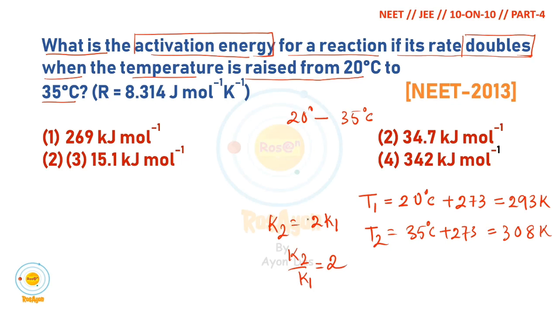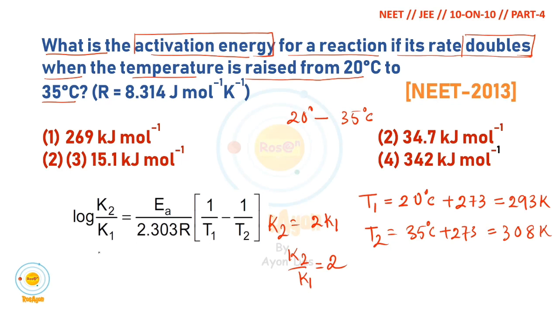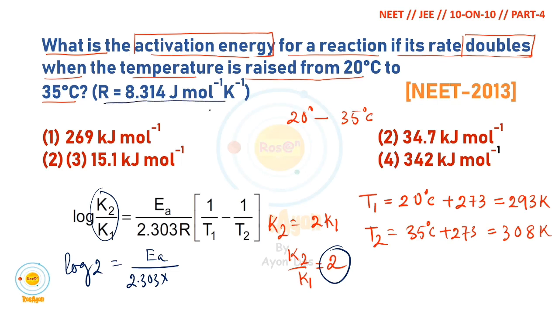Now put all these values in this equation. K2 divided by K1 equals 2. So log 2 equals Ea, the activation energy, divided by 2.303 into the value of R, which is given, that means 8.314, into 1 divided by T1, meaning 293 Kelvin, that means 1 divided by 293 minus 1 divided by T2, meaning 308.